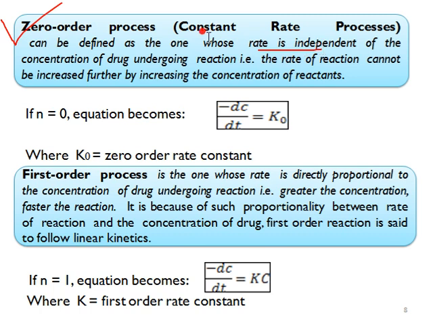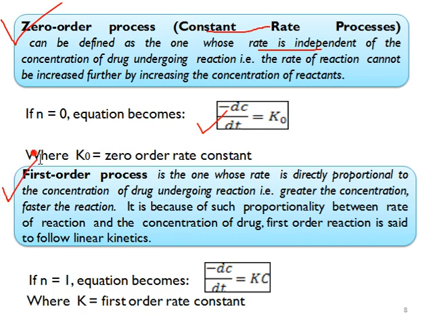That means it is a constant rate that will not increase even on increasing the concentration of reactants. If we consider n is equal to 0 in the general equation, then zero order reaction equation becomes minus dC upon dt is equal to K0, where K0 is the zero order rate constant.